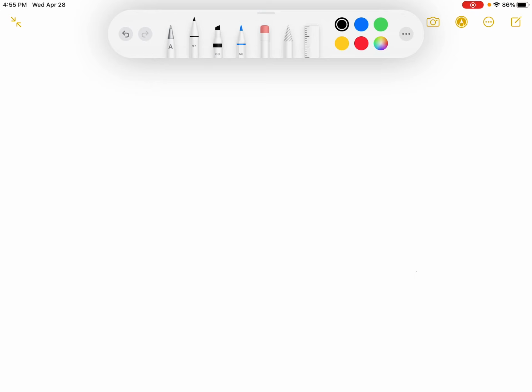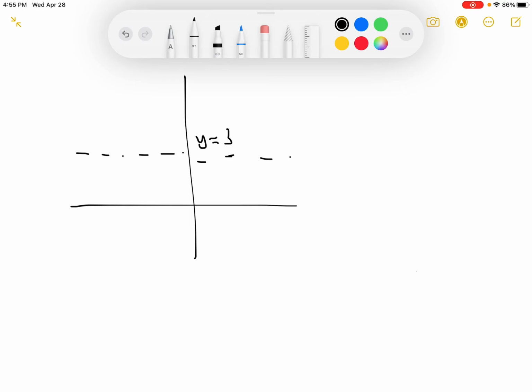So if you remember, when the degree of the numerator is higher than that of the denominator, there is no horizontal asymptote. That means there is nothing like that on the graph. Let's say that's the y equals 3 horizontal asymptote.